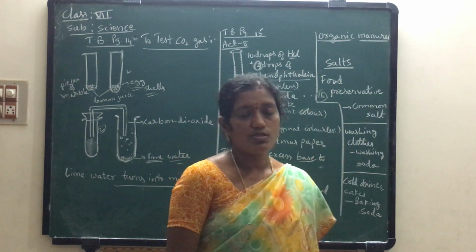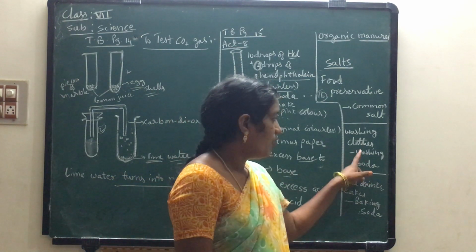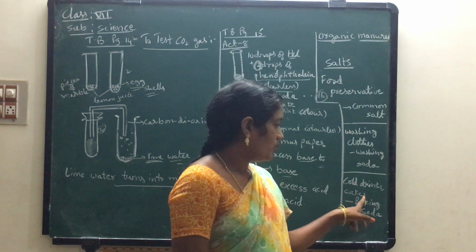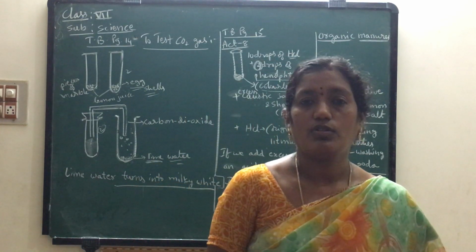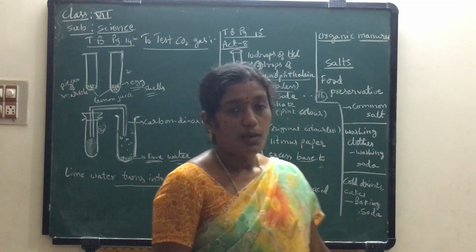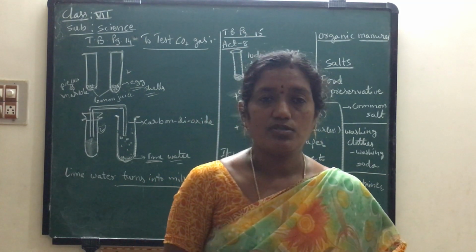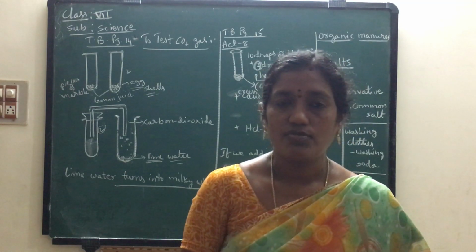Next, washing clothes. Which salt do we use for washing clothes? Washing soda. Washing soda is also a type of salt. Next, cool drinks and cakes. In order to prepare cool drinks and cakes, some salt is also used. Which salt is it? Baking soda. Okay children, do you understand the uses of acids, uses of bases and uses of salts?